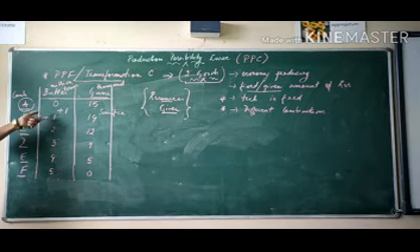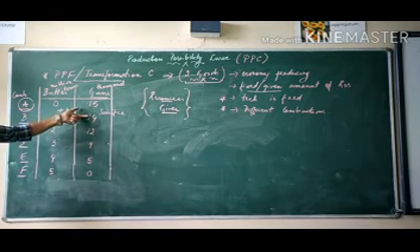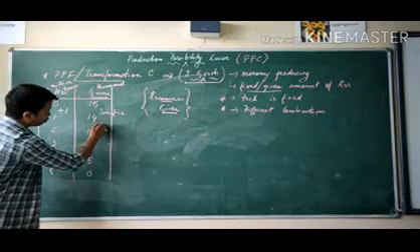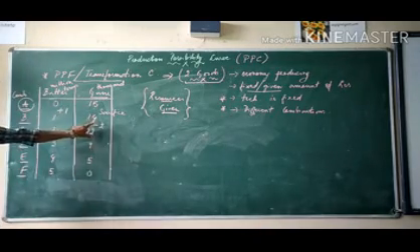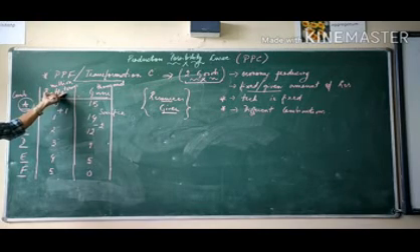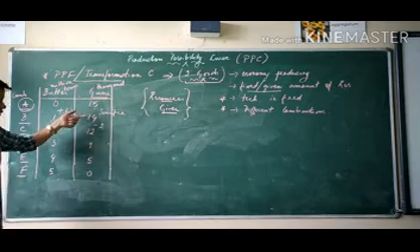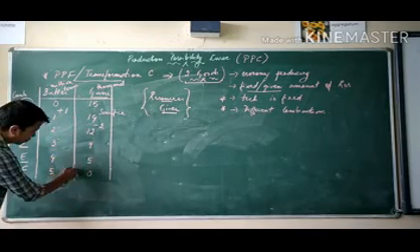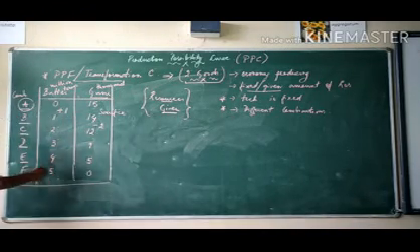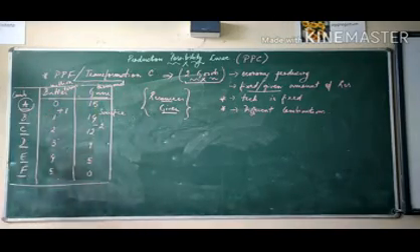So in order to produce 1 more million ton of butter, they are sacrificing how much? Minus 2,000. So in order to increase the production of one commodity, the production of another commodity, guns, needs to be sacrificed. So this is the concept, this is the schedule for your PPC.